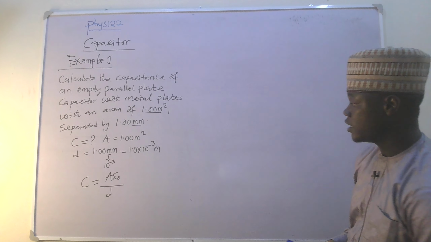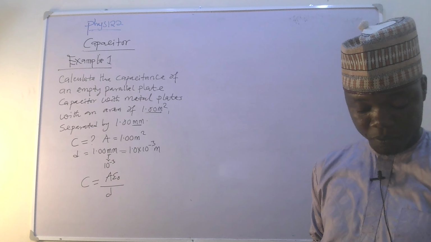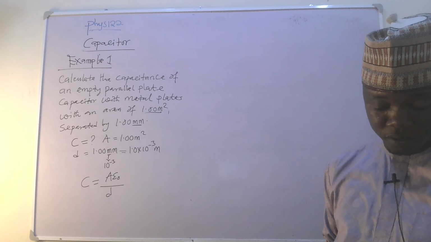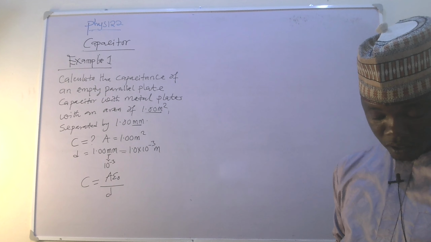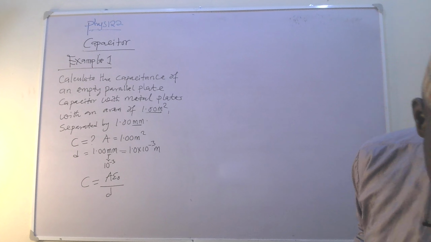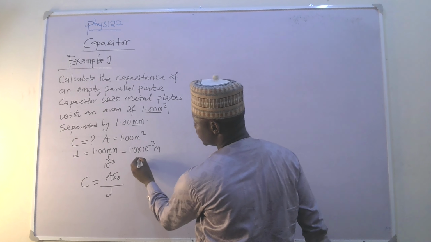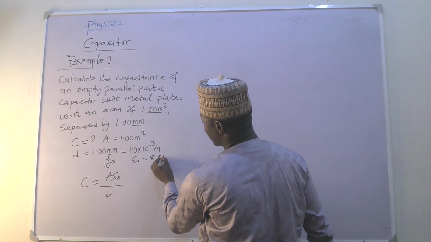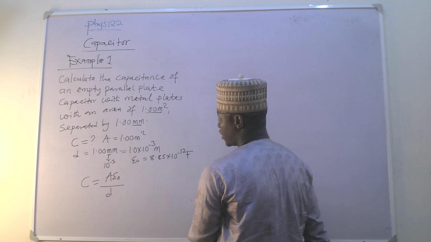And of course, ladies and gentlemen, we know that epsilon is a constant value. Epsilon naught is the same as 8.85 times 10 raised to the power of minus 12 farad per meter.